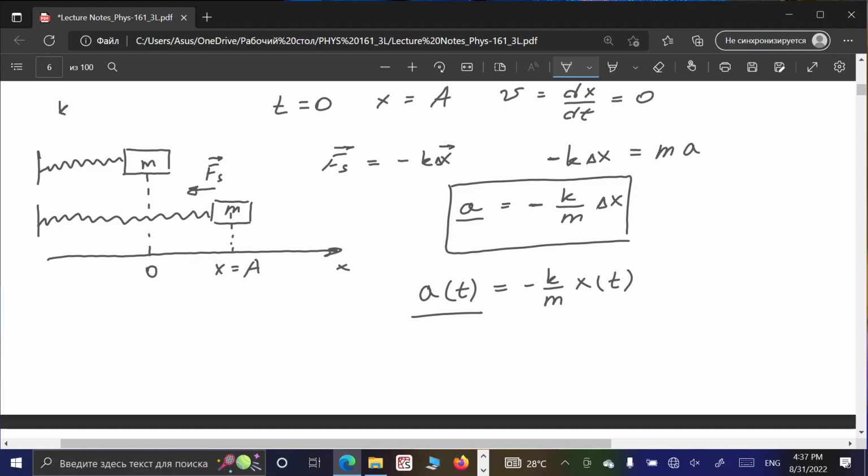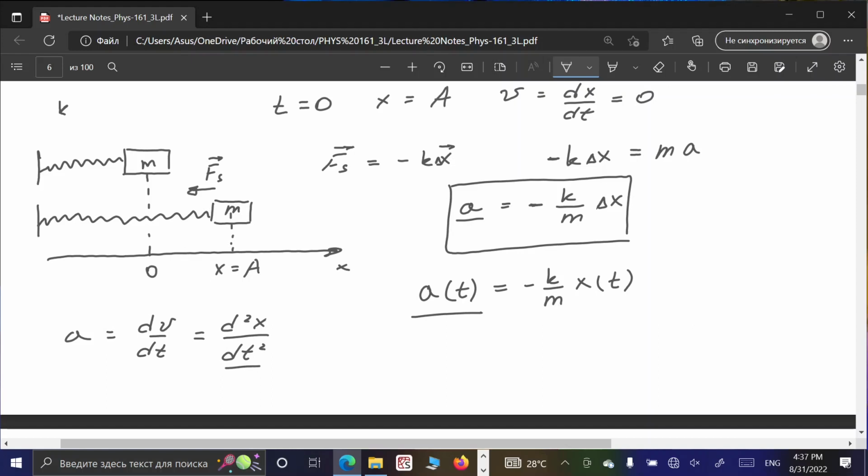Change of velocity with time, so acceleration is the first derivative of velocity over time. And what is the definition of velocity? Change of position over time. Yes, so acceleration is the second derivative of position over time. So we can write d squared x over dt squared for the left side.